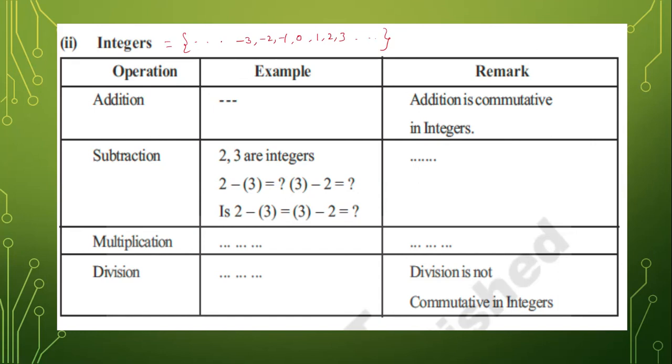In these integers, you may take any two and perform the addition. Then you observe the result does not change. Then we can say addition is commutative in integers.